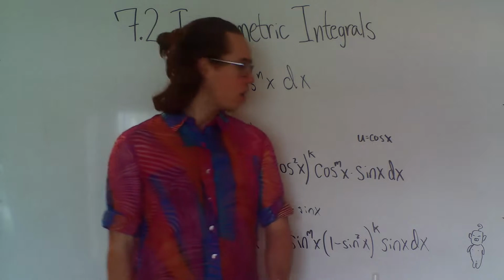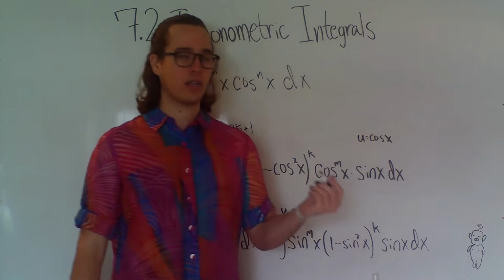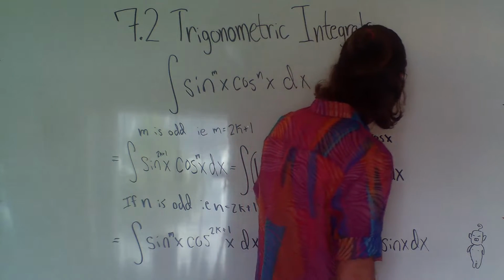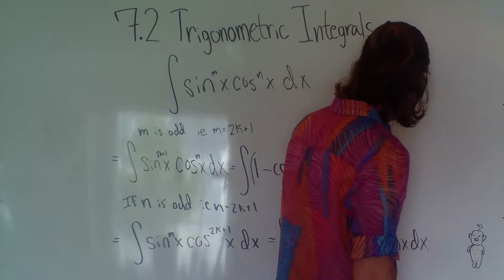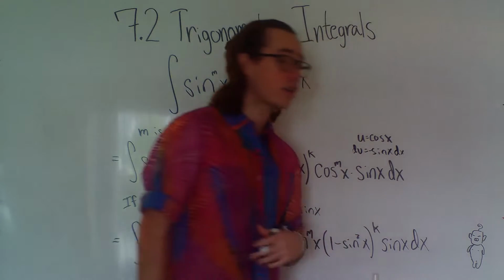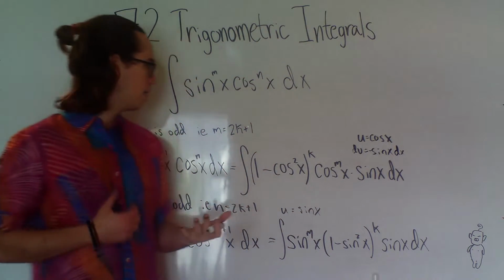And then from there, we use u equal to cosine x, because then du would be equal to negative sine x dx, and then the integration would be very easy from there.